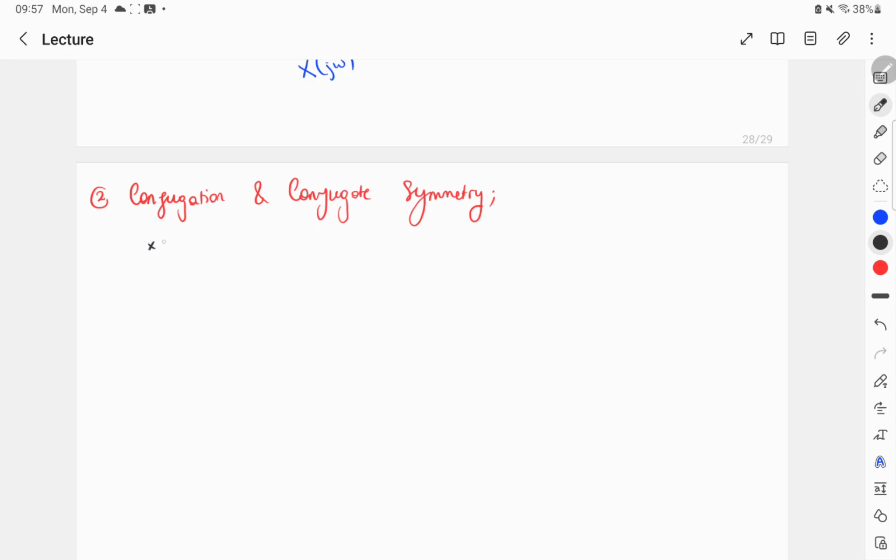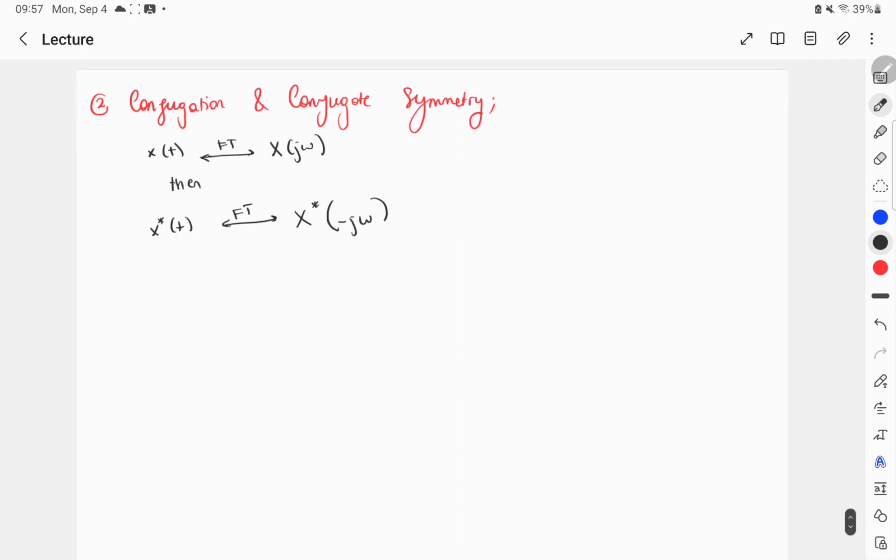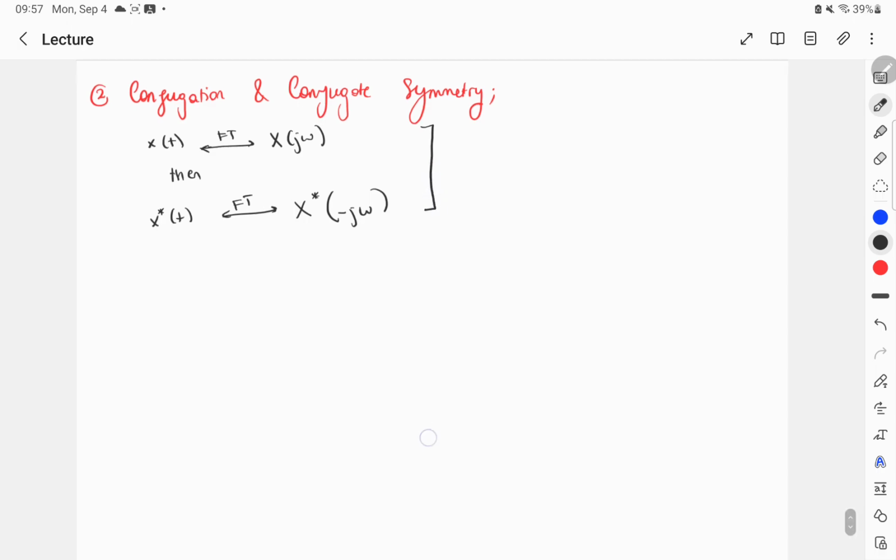It tells us that if we have a function x of t and the Fourier transform is capital X of jw, then the Fourier transform of x star of t will be the conjugate of the Fourier transform, with the minus inside also. So it tells us these two relations.